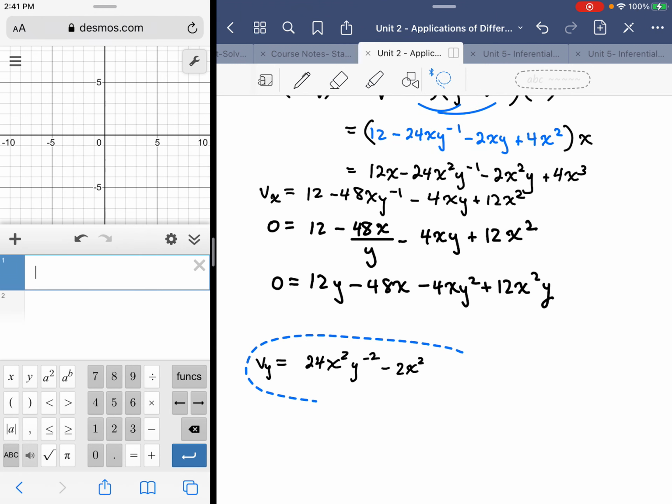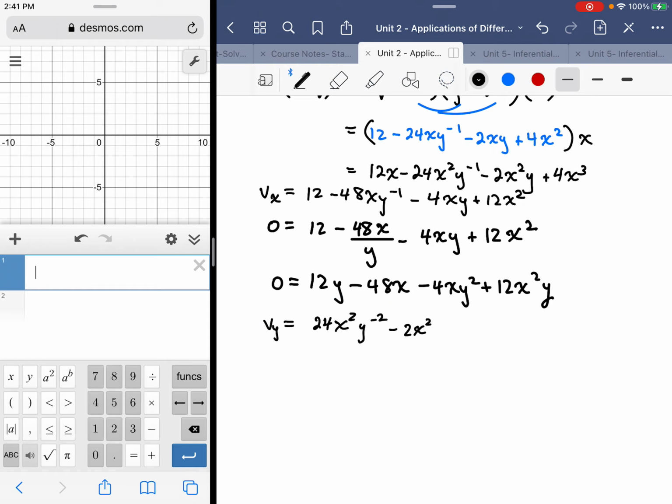And I'm going to do the same thing with the second equation. Set it equal to 0. 24x squared over y squared minus 2x squared. You see there's a common x squared there, so that's going to be useful. But before I do that, let me clear out that y squared.